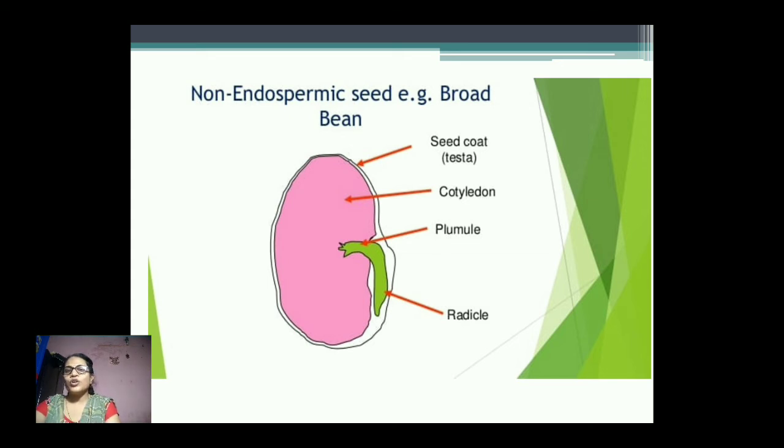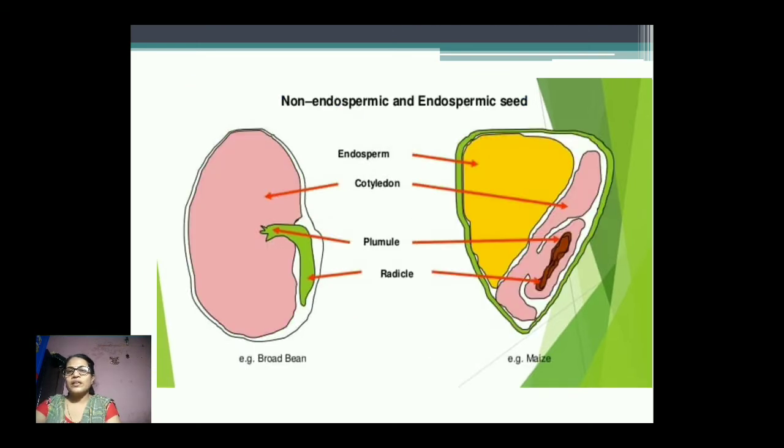In this case, total use of endosperm takes place. This is the difference between non-endospermic and endospermic seed. In endospermic seed, the seed contains yellow patches, which is the endosperm, whereas in the first structure the endosperm is absent.